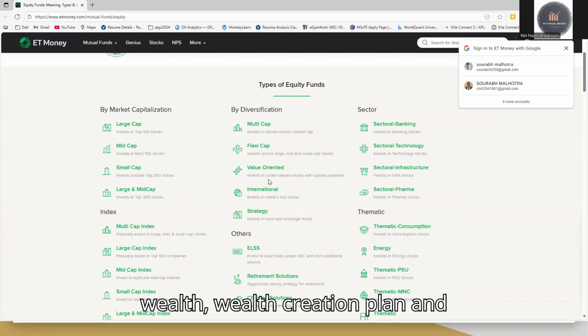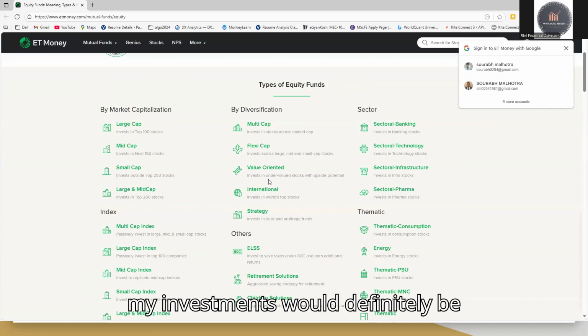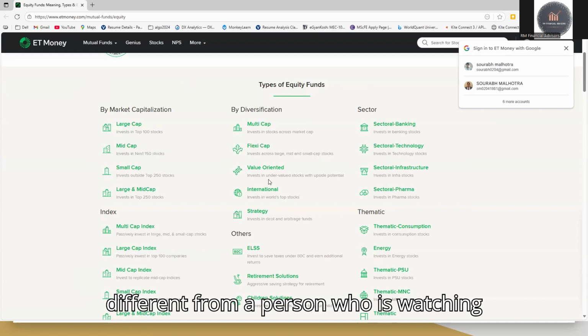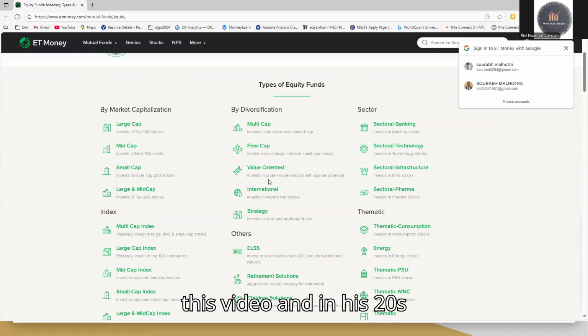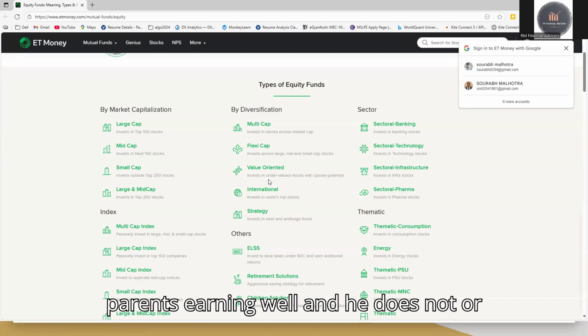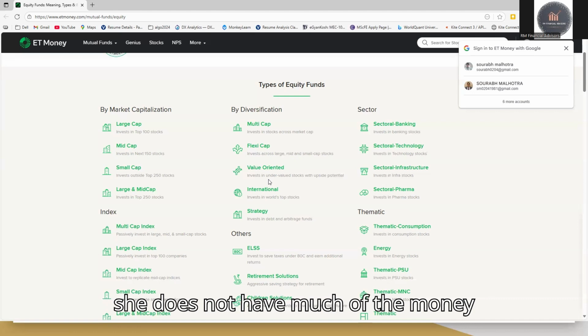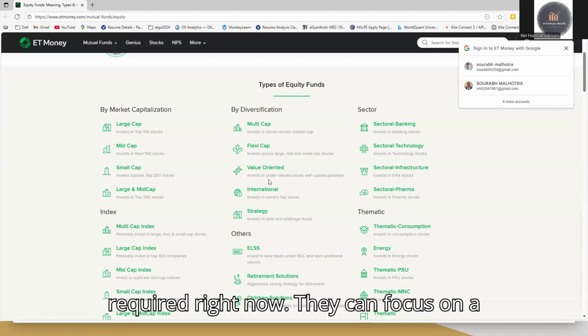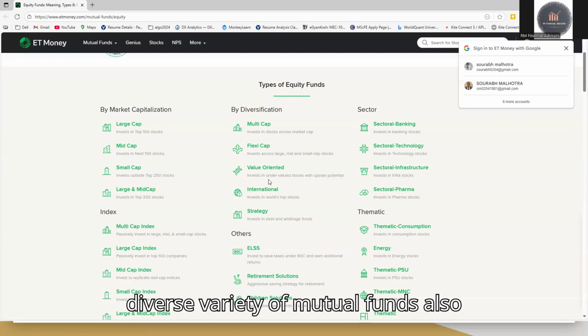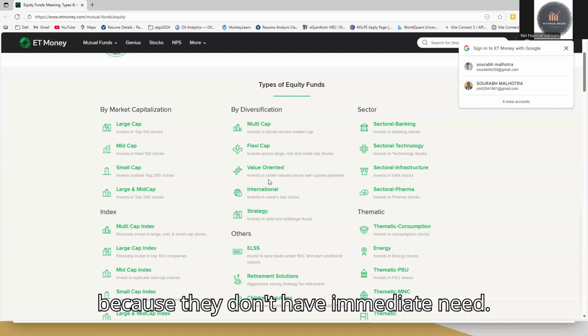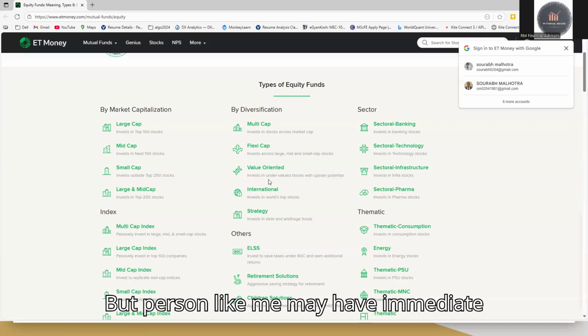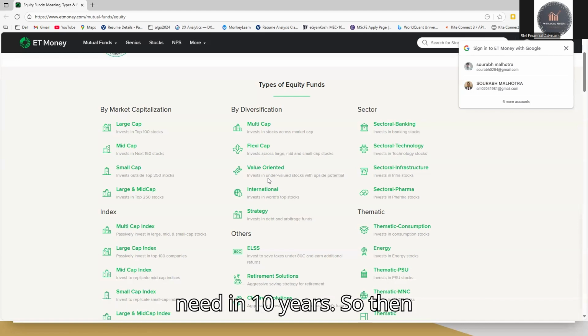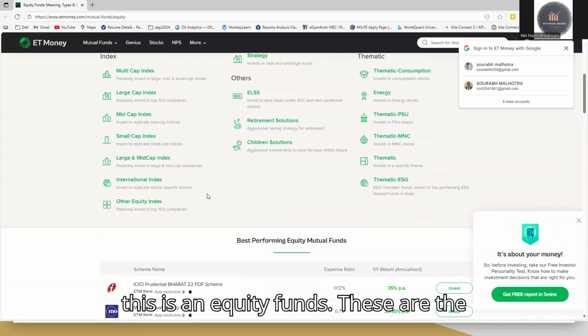So my wealth creation plan and my investments would definitely be different from a person who is watching this video and is in his 20s, where he or she has parents earning well, and does not have much of the money required right now. They can focus on a diverse variety of mutual funds also, because they don't have an immediate need. But a person like me may have an immediate need in 10 years. So then these are equity funds.